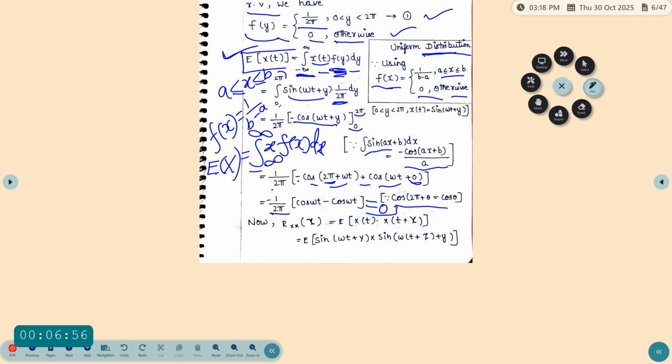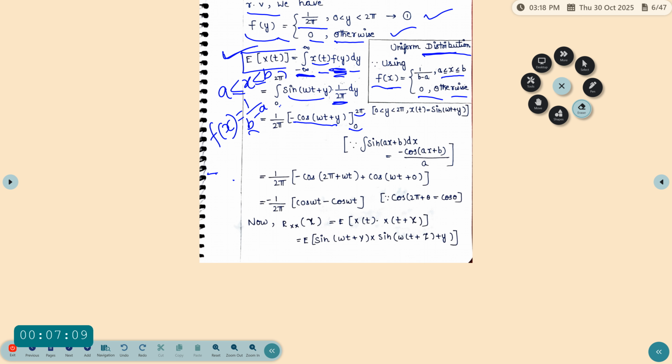It is a constant, equal to 0. Here we get the expression of x of t as a constant term.